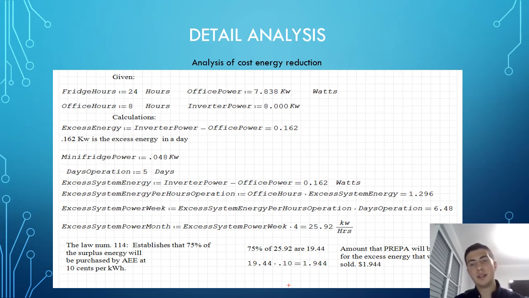The 75% of 25.92 kilowatt hours is 19.44, and 19.44 times 10 cents is $1.94. This is the amount PREPA will pay for the excess energy sold.